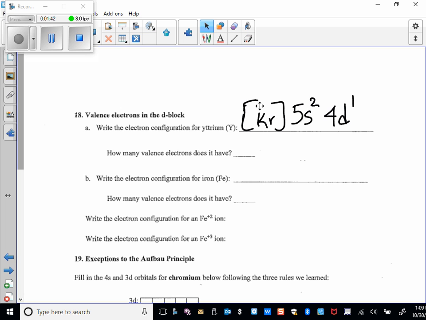Now, remember we didn't consider the d block? So supposing an element wants to react with yttrium. Yttrium has 2 valence electrons here. There are 2 electrons going on in this region of space, moving clockwise and counterclockwise.